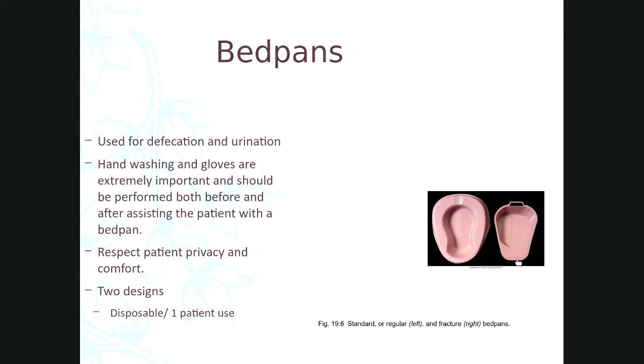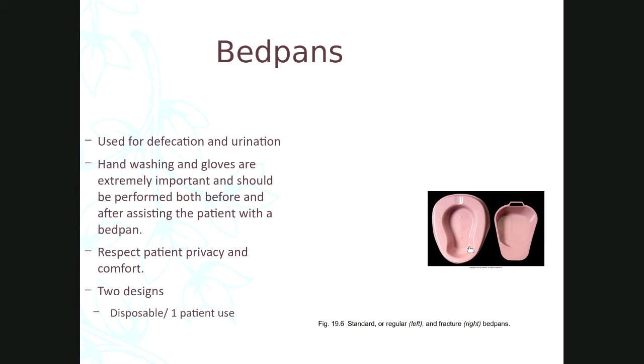And honestly, there are two separate types, but regardless of which one you use, whether it's the standard or the fracture pan, which I'll tell you about in just a minute, the volume that they can hold is typically not very much. You want to be mindful of that, because typically for an adult, it doesn't always hold the volume that an adult patient would be able to excrete.